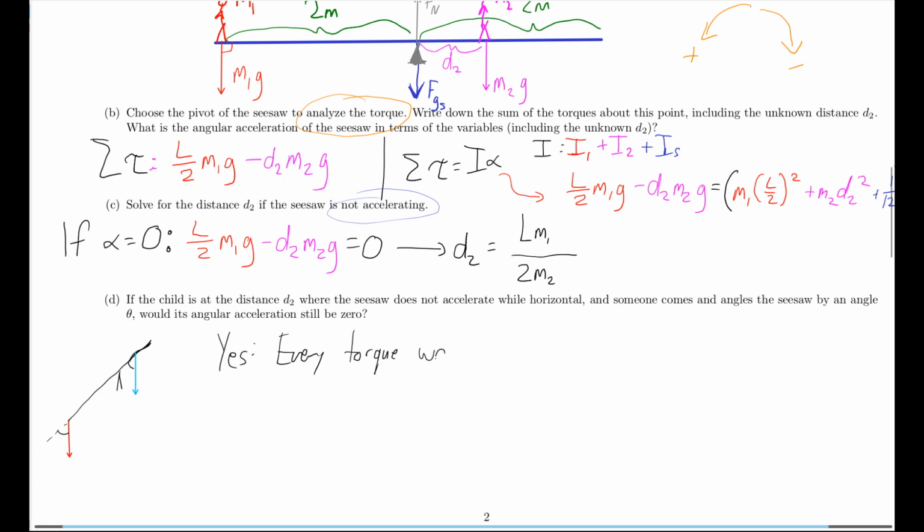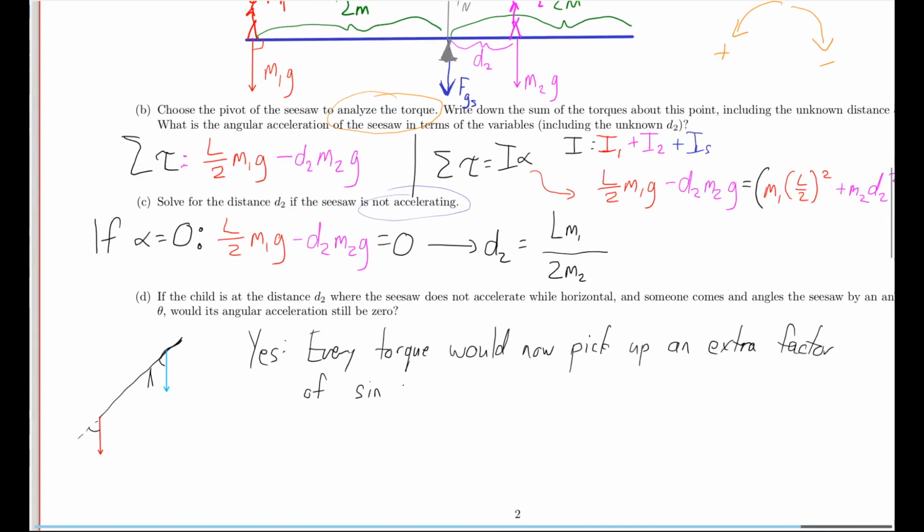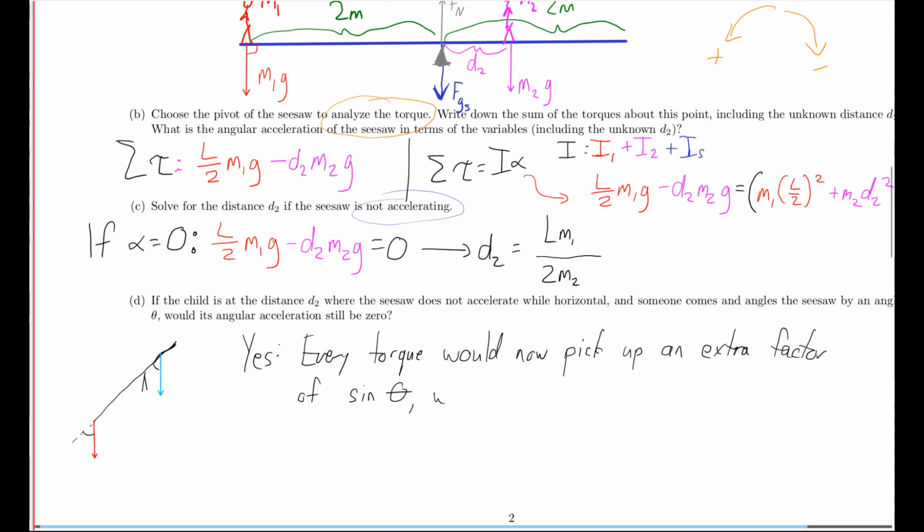Every torque would now pick up an extra factor of sine theta or of cosine theta, depending on which angle you're measuring, whether it's the angle with the vertical or the horizontal. But the important idea is that these factors would all cancel, and you'd be left with the same answer.